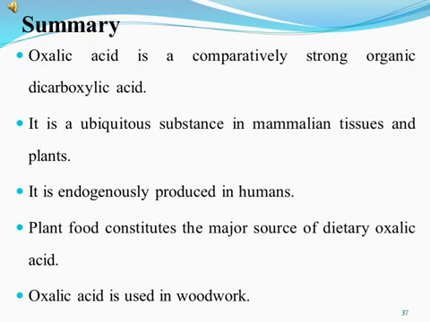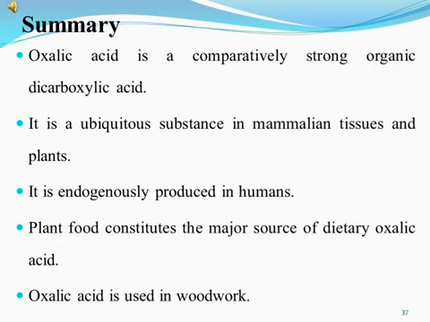Now the summary. Oxalic acid is a comparatively strong organic dicarboxylic acid. It is a ubiquitous substance in mammalian tissues and plants. It is endogenously produced in humans.